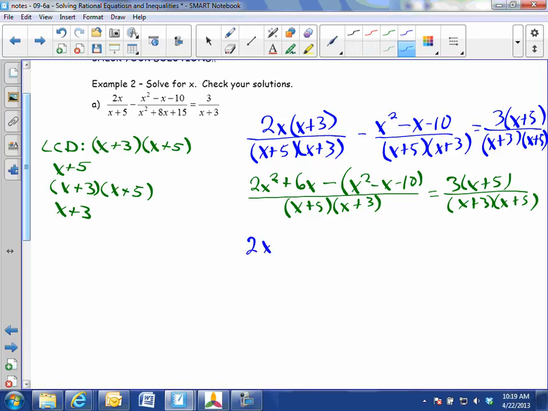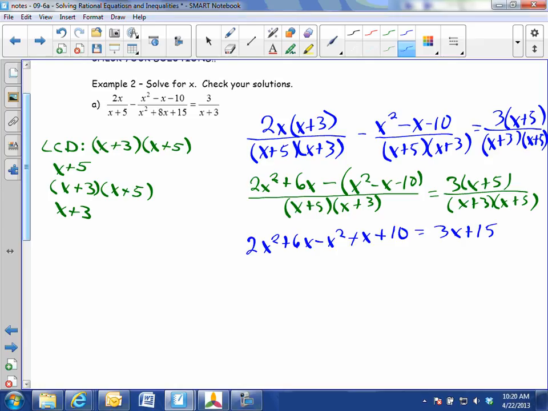So we've got 2x squared plus 6x minus x squared plus x plus 10, distribute the negative through, equals 3x plus 50. Yeah, distribute the negative, so we need to subtract this whole thing over here. So this is a negative, positive, positive.